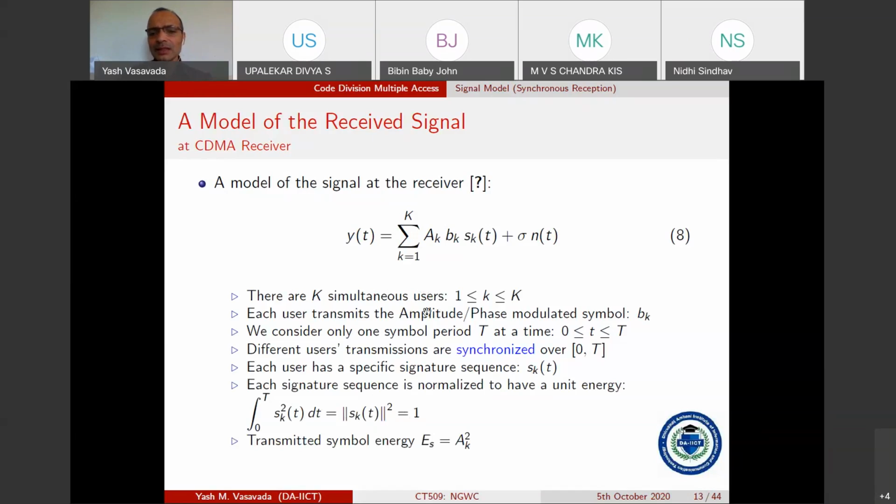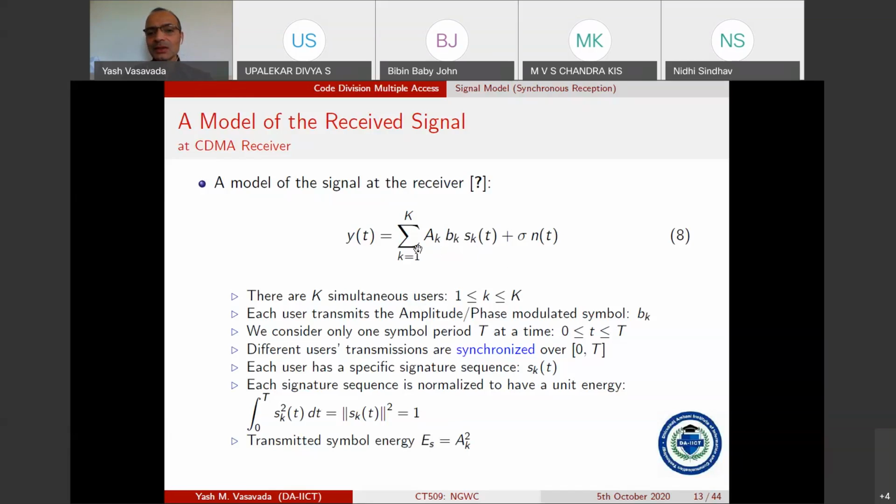And additionally, suppose we assume that this B of k is also normalized to have a unit average symbol energy. I should have written it somewhere. So in that case, this S k of t has unit energy and this symbol also has unit energy on average.